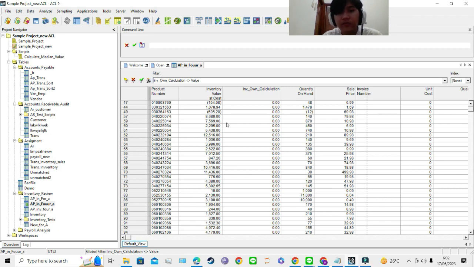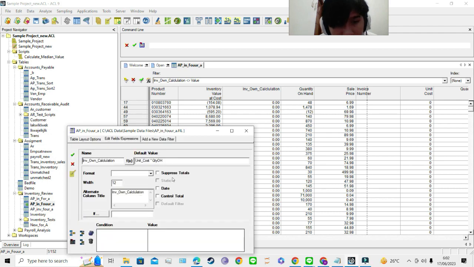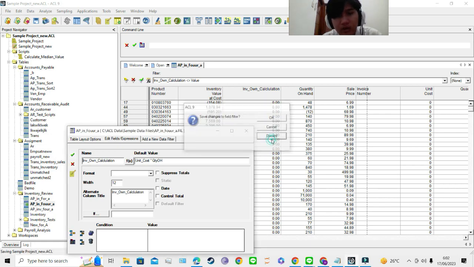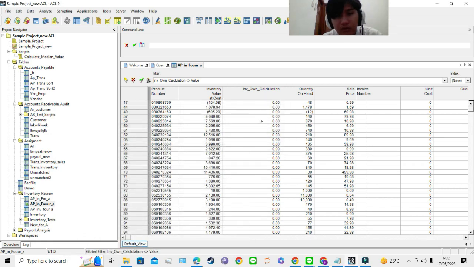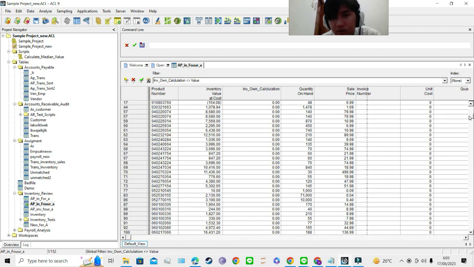Yes, so basically from these numbers there are inventory value at cost, but the quantity times unit cost, but the inventory value is 0, then there are some inaccuracies in this data.